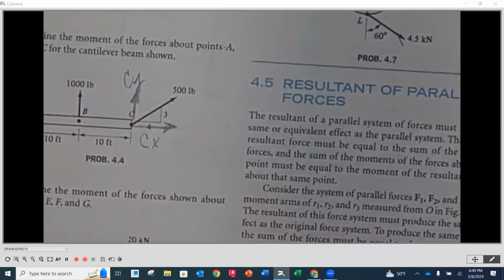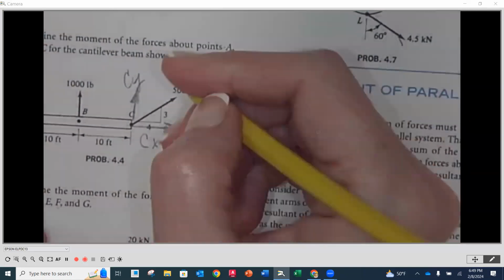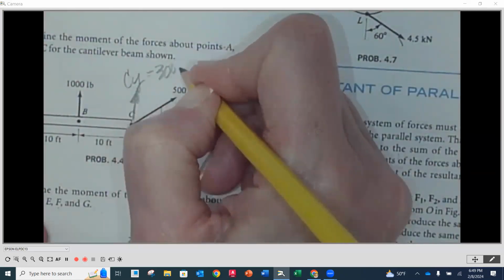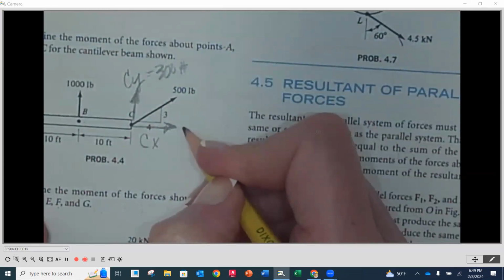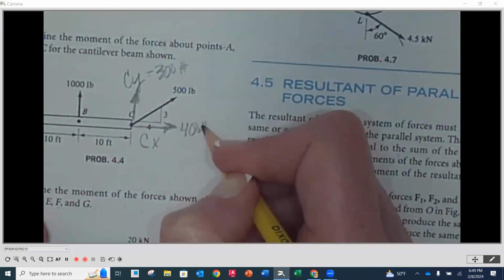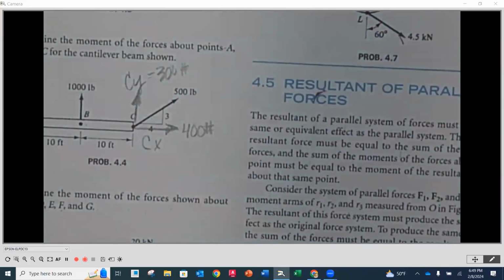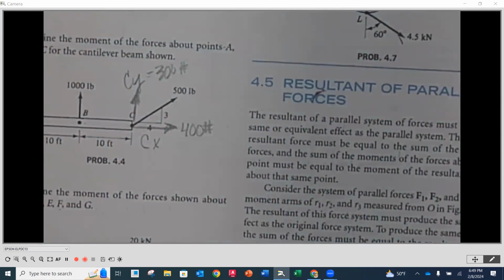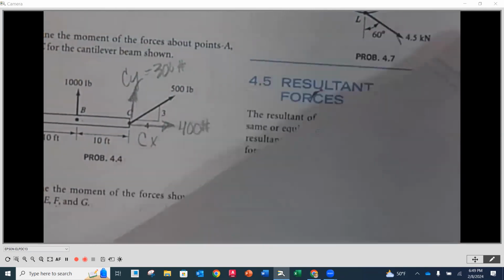It's 500, right? So multiplying each one of those sides by 100, do you see how CY is going to be 300 pounds and CX is going to be 400 pounds? Okay. No components for this. You don't have to find the angle and do the cosine and the sine to come up with 300 and 400.